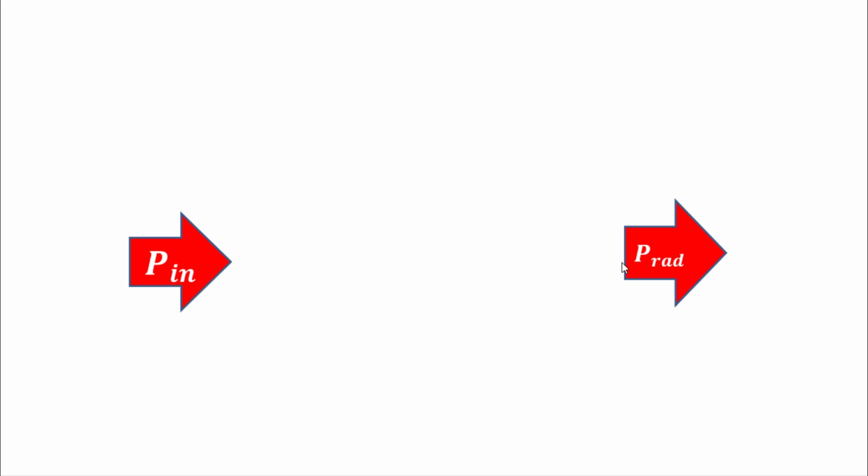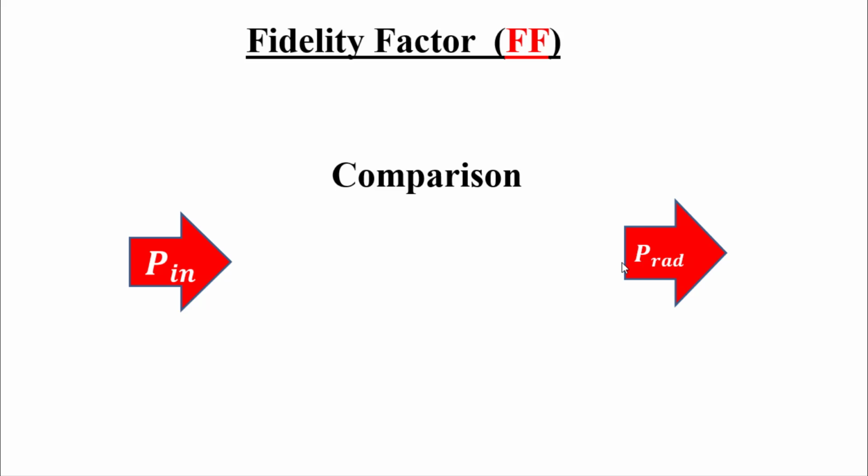So in conclusion, for this first case, fidelity factor is a comparison between P input and P radiated by our antenna. This parameter has been defined as the correlation between P input and P radiated.